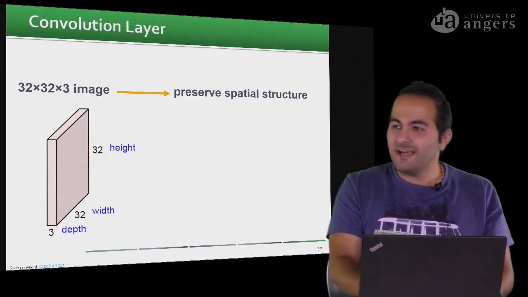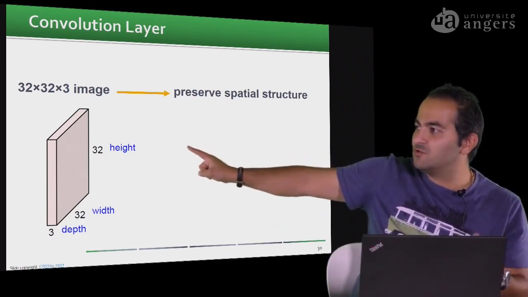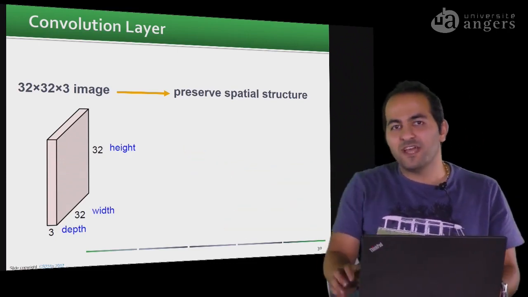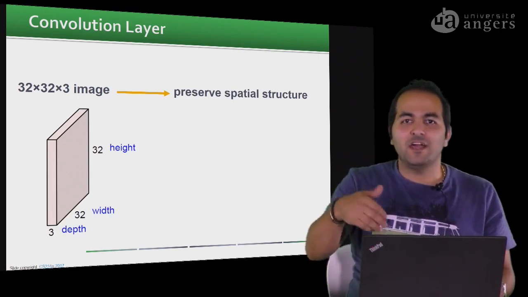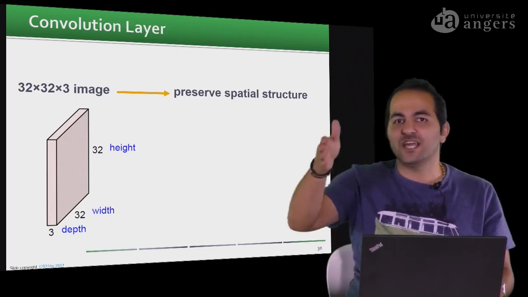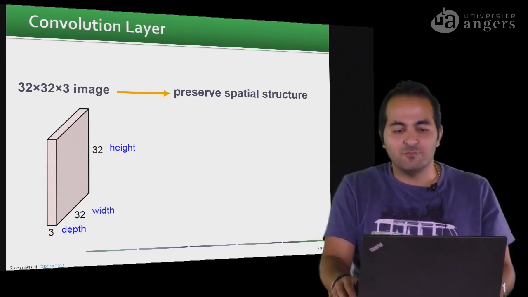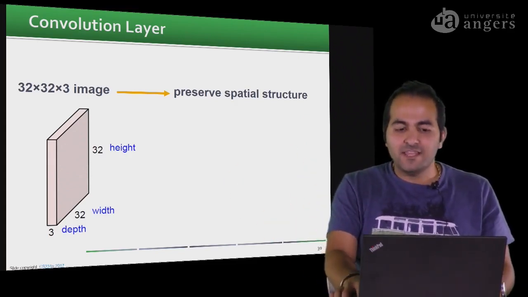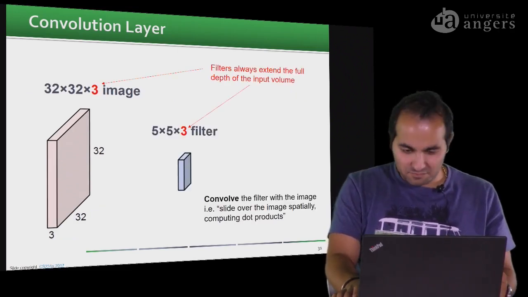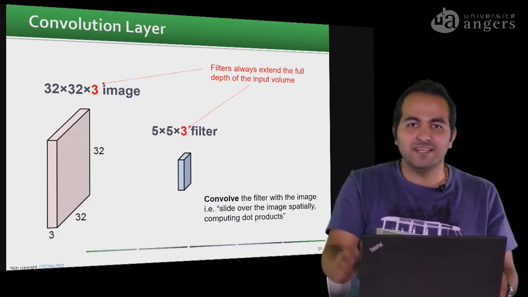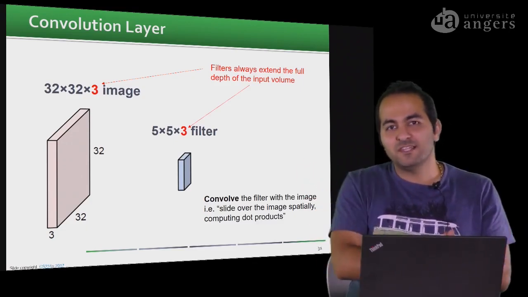Assume that we have an image like this, 32 by 32 by 3, where the depth is 3. It means that it's, for example, an RGB image with the 3 channels of red, green, and blue. Then, to do convolution, we should use a filter and apply this filter on the image.